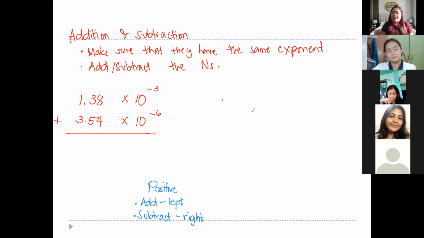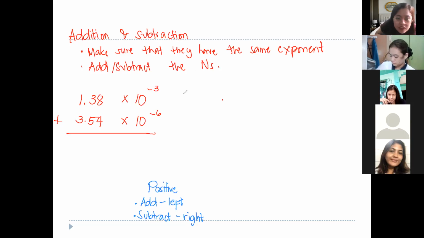Class, the smaller value here is the 3.54 times 10 raised to the power of negative 6. Remember, when the exponent is negative, the smaller the number in the exponent, the greater the value compared to one with 6. Let's convert it so you can see which is greater.